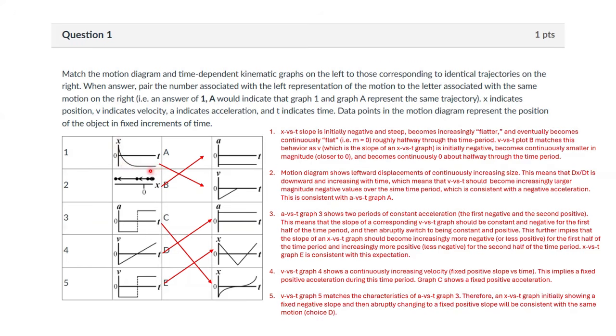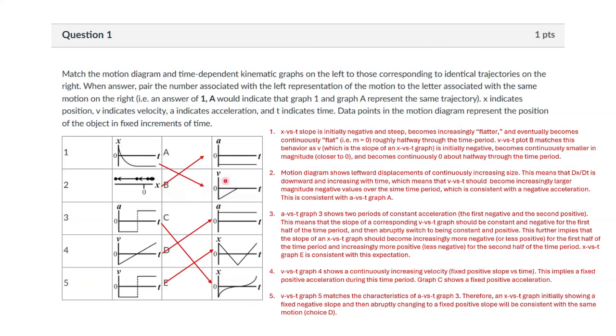A flat slope means a slope of 0. A steep downward slope is a negative value. The steeper, the larger the magnitude of that negative value, meaning the more negative it is. So the velocity versus time graph should look like something that starts with a large negative value that gradually becomes closer to 0, reaches 0, and then remains constant.